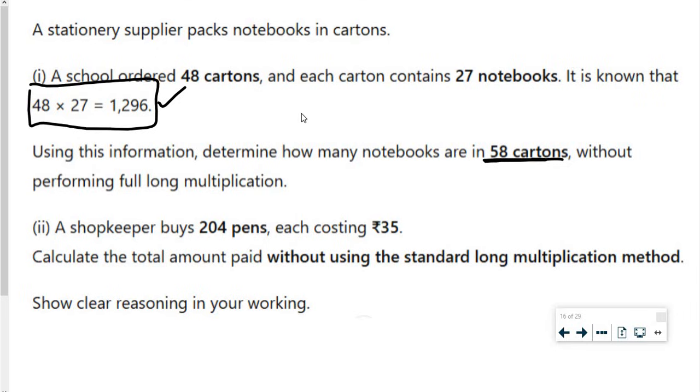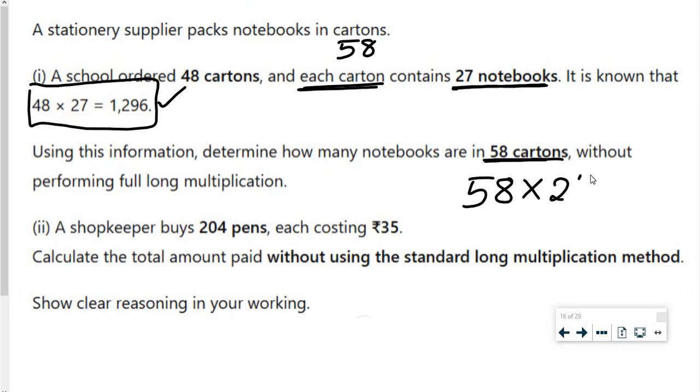We know that each carton contains 27 notebooks. So 58 cartons will contain 58 into 27. We need to calculate this. But we are supposed to calculate this without performing a full long multiplication.